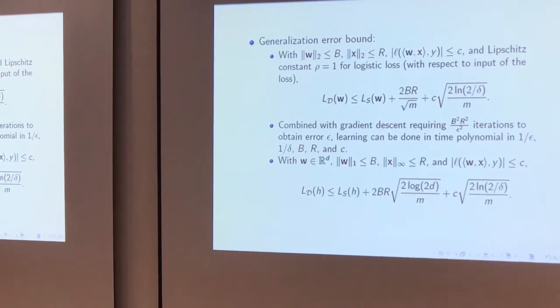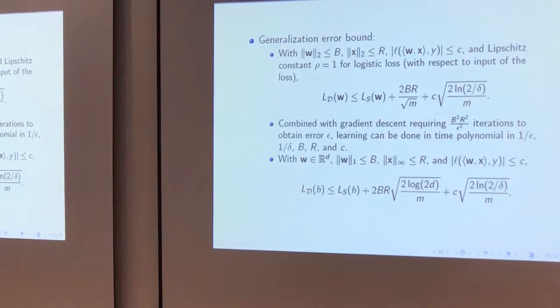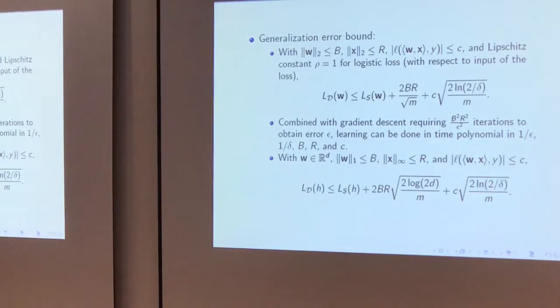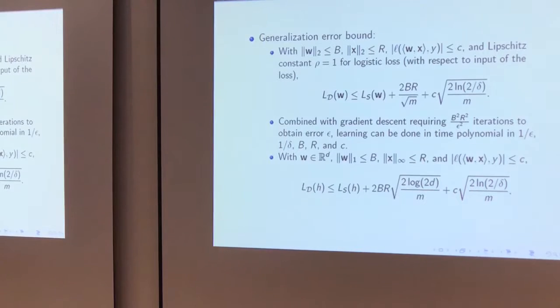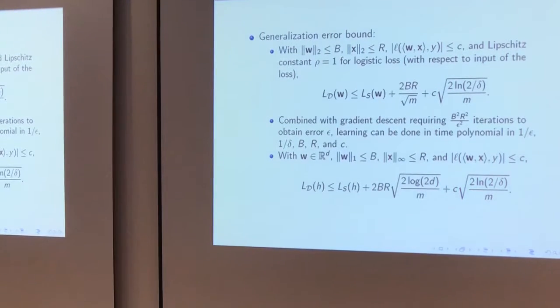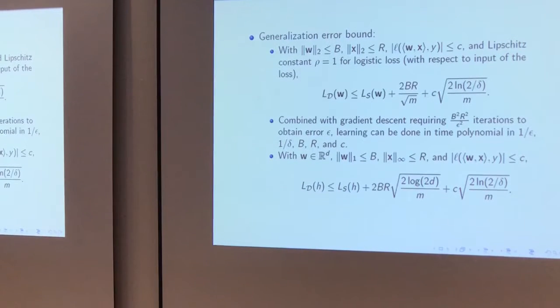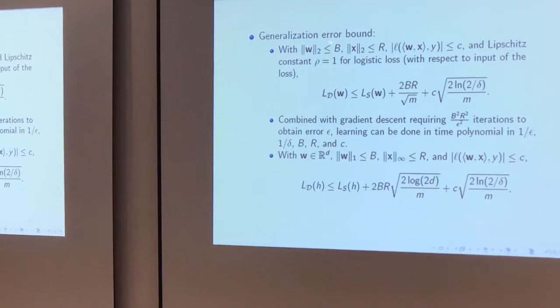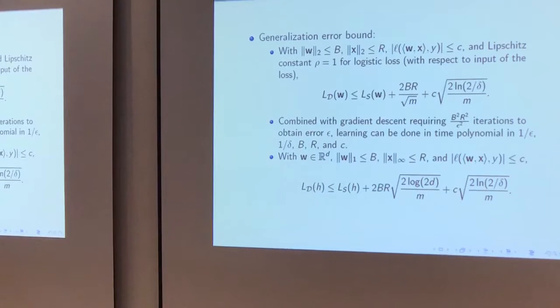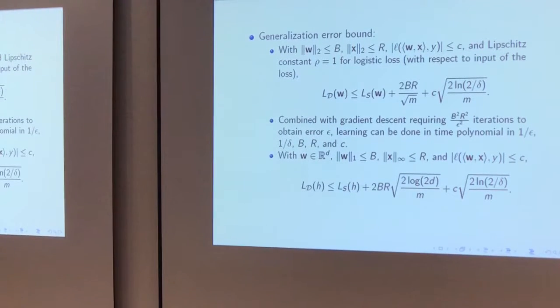So as the number of features grows, it doesn't do too badly. Otherwise, it's sort of similar, BR over m. The other thing that might be interesting is that this actually doesn't depend on d. It doesn't depend on the input dimension. So we can actually kernelize it and the bound still holds.